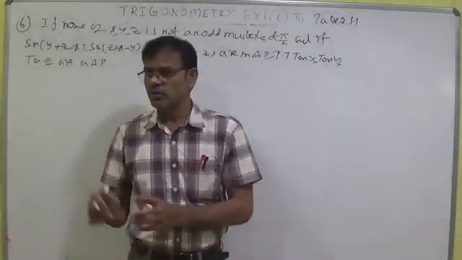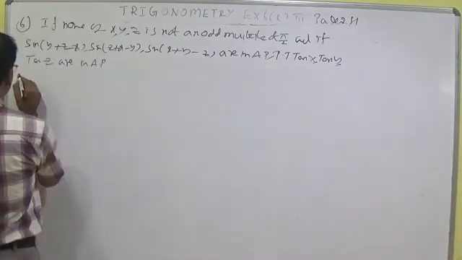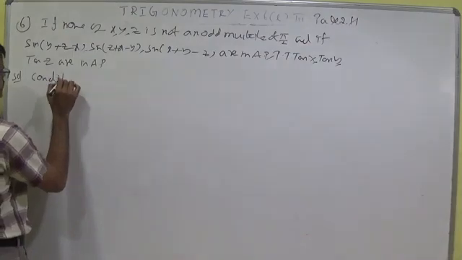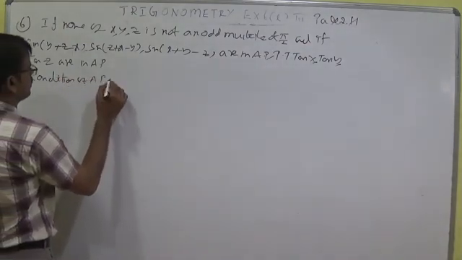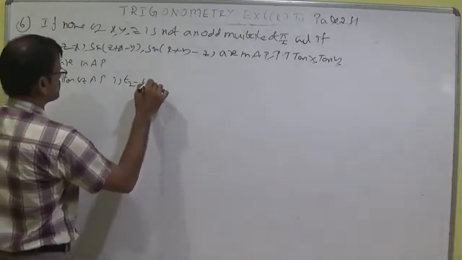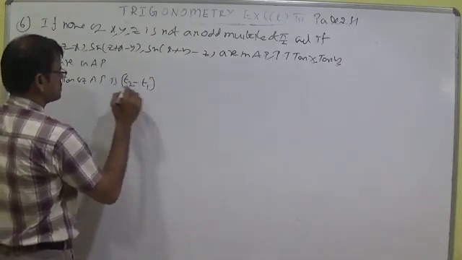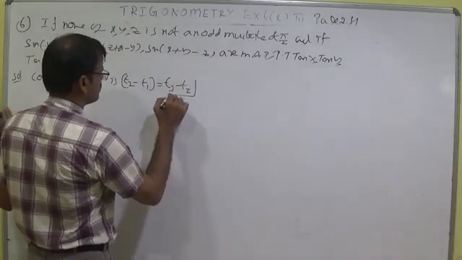Do we have arithmetic progression in 10th class? Okay, so the condition of AP I am discussing with you. The condition of AP is T2 minus T1 equal to T3 minus T2.